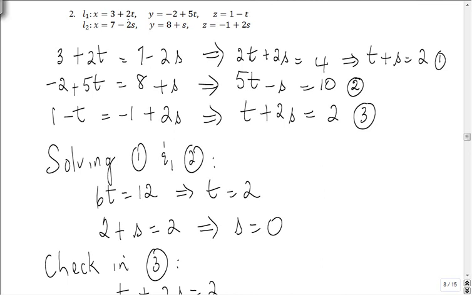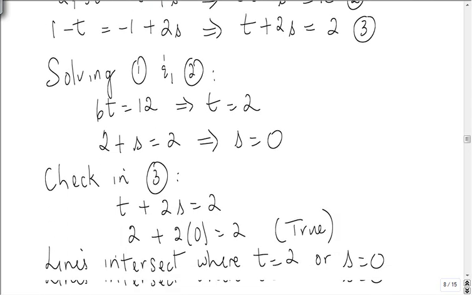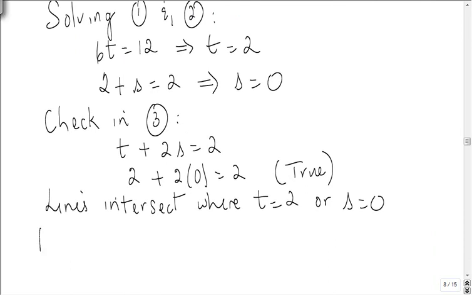So I think it's easiest to take s equals 0 and substitute. So when you put s equals 0 into these 3, you get 7, 8, negative 1. That's the point of intersection. Okay? So put s equals 0 into L2.